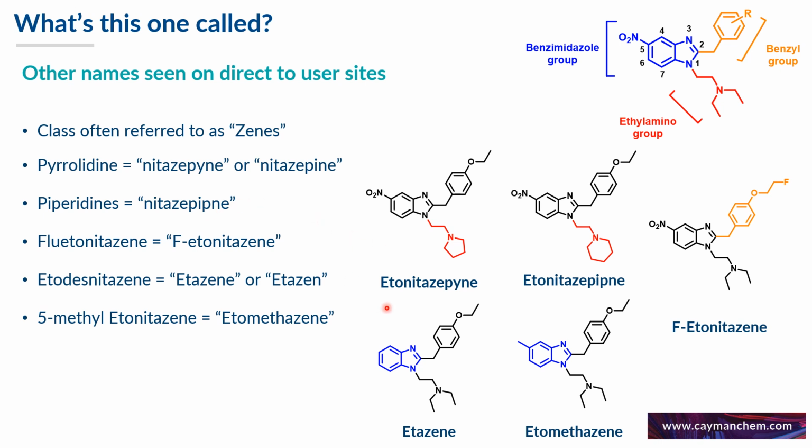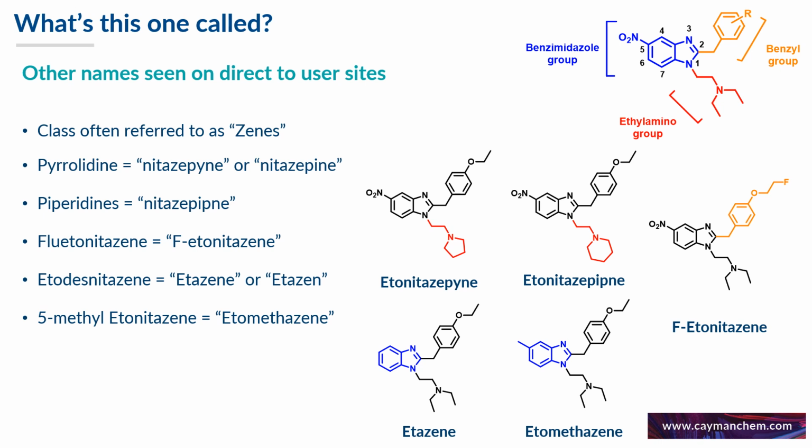So we have etonitazepyne and then etonitazepipne. Fluetonitazene, which came out late in 2024, is also referred to as F-etonitazene. And then etodesnitazene was heavily marketed as Etazine. And then the 5-methyl etonitazene was marketed as etomethazine.